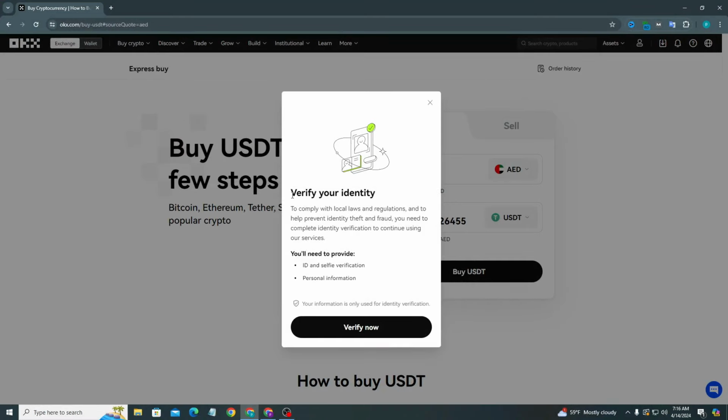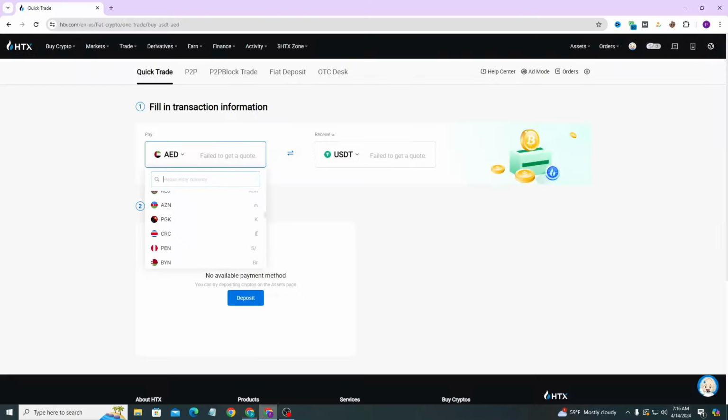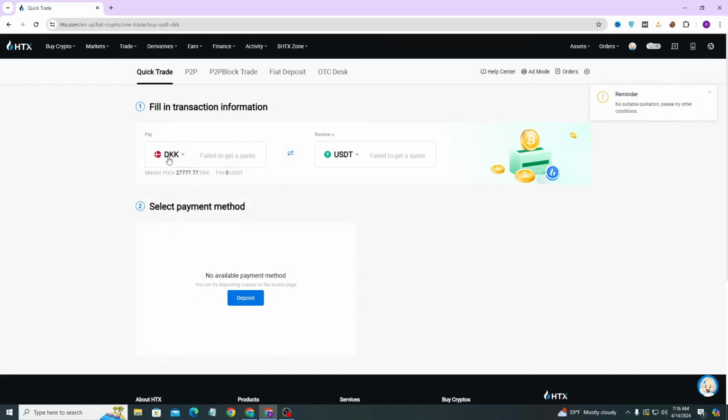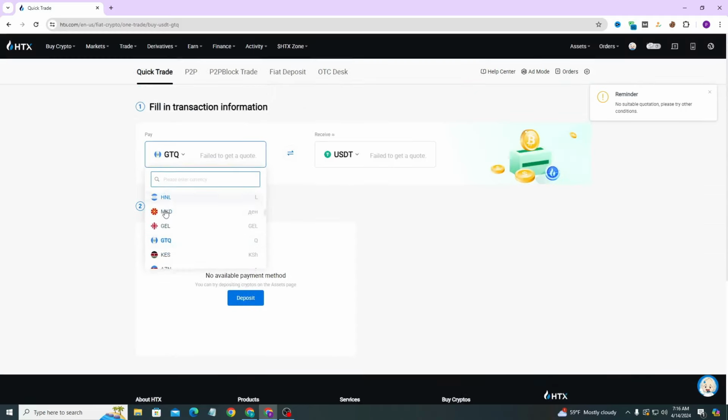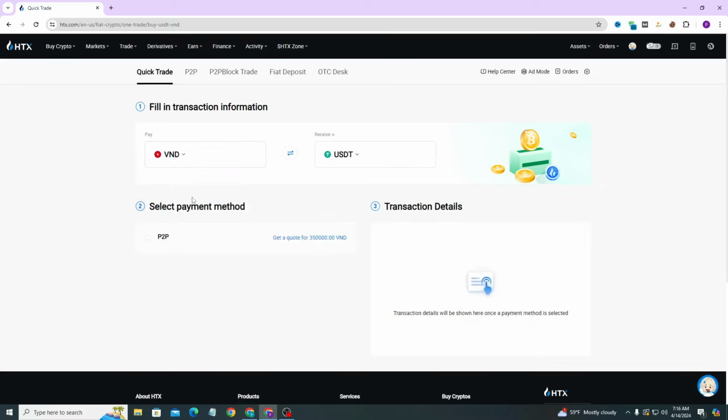Okay, so based on this, the transaction fee might vary, because I have used some AED, and here they didn't deny for the AED. That's why. But based on the previous changes, the transaction fee may vary, because OKX is using 0.29% in the charges.